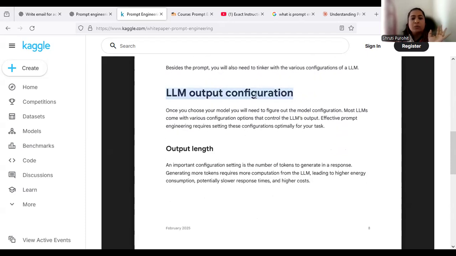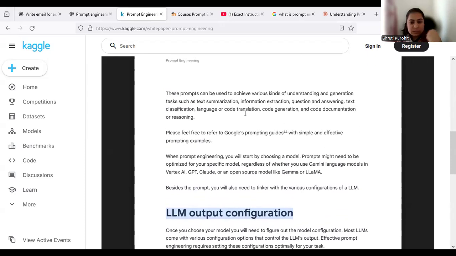Now, how to configure the LLM, we will understand in the next few concepts. This is all about what exactly prompt engineering is. When doing prompt engineering, you will start by choosing the model. Prompts might need to be optimized for the specific model, whether you are using the Gemini language model in Vertex AI, ChatGPT, Claude, or any open source model like Gemma and Llama.